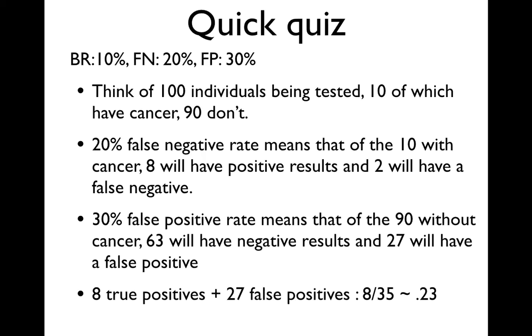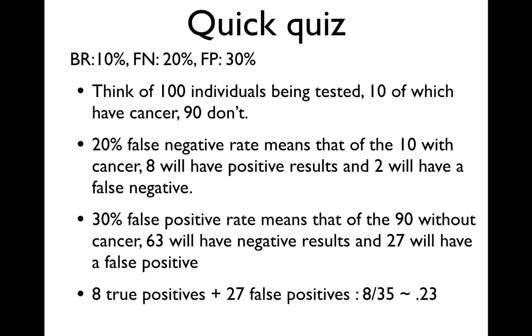And then you can look at the false negative rate, which refers to the 10 that have cancer. 20% of the 10 people, so 2 of them, will be given a label that you don't have cancer. And the 30% false positive rate means that of the 90 people we decided don't have cancer, given the base rate, 30% will have a positive result, but it's not accurate.